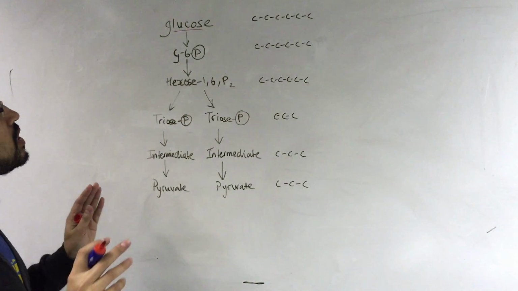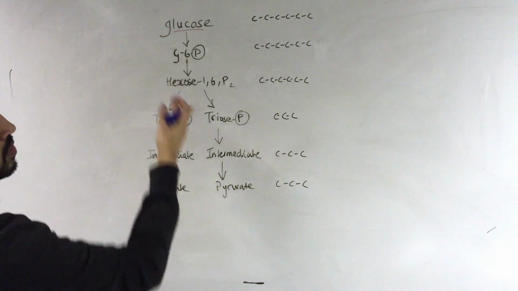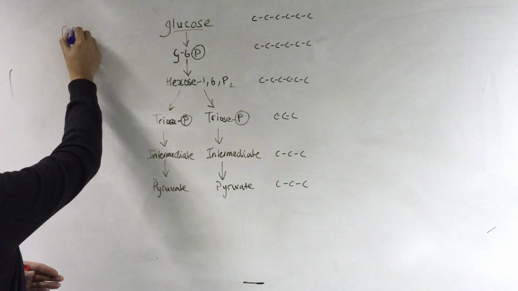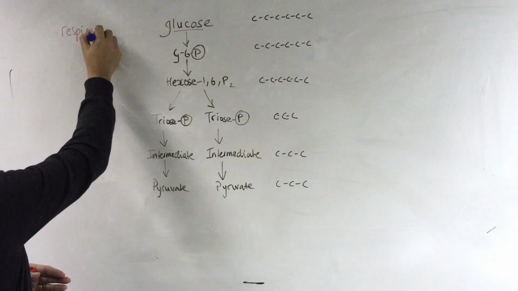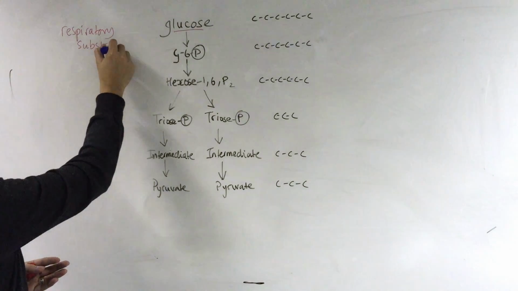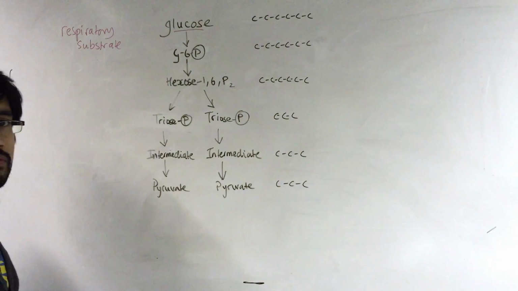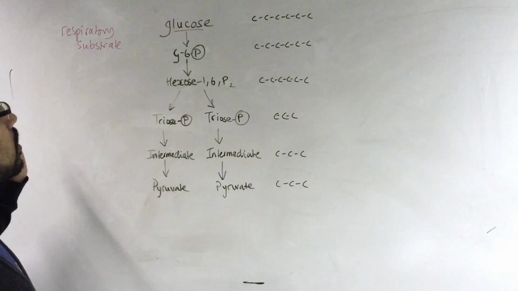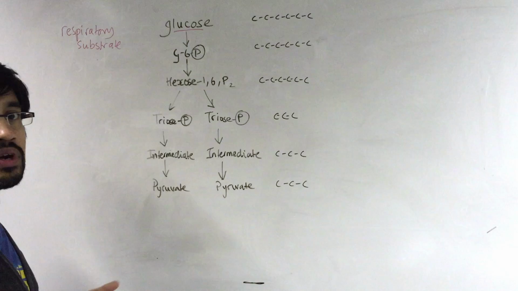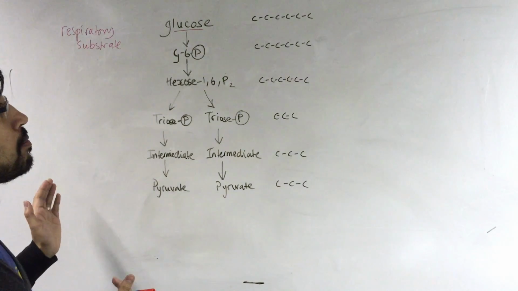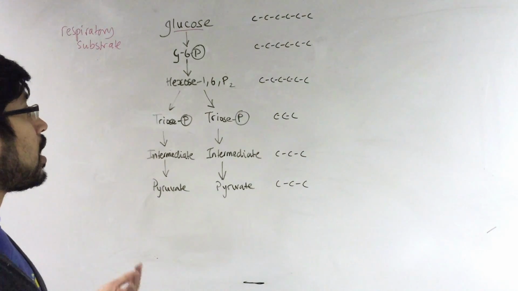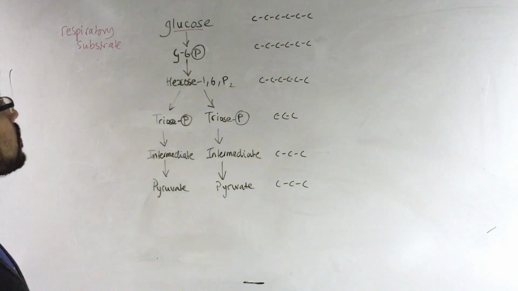We're starting with glucose in the cell. It's a respiratory substrate. That's an important phrase. Respiratory substrate refers to any molecule that can feed into the pathway of respiration at any point to ultimately yield ATP as an energy storage product.